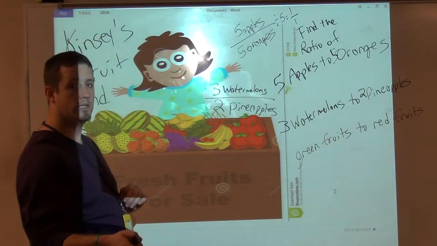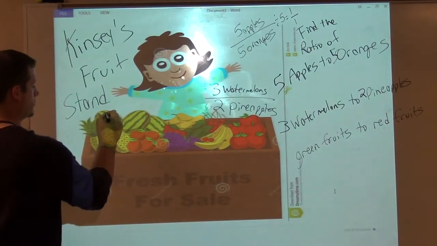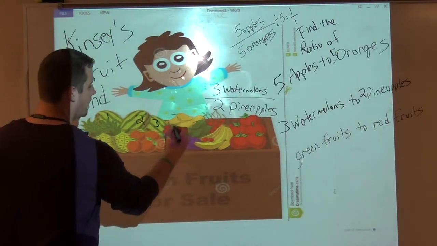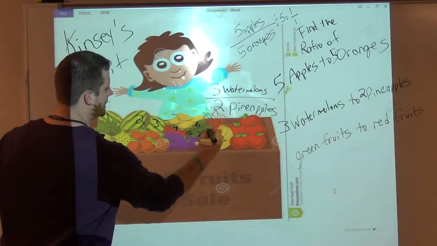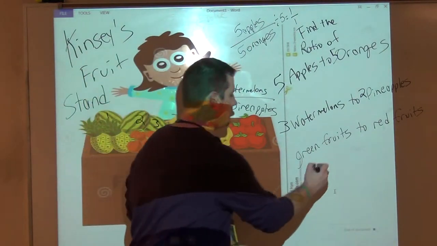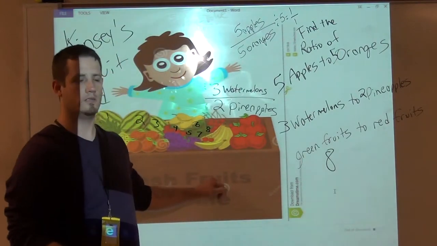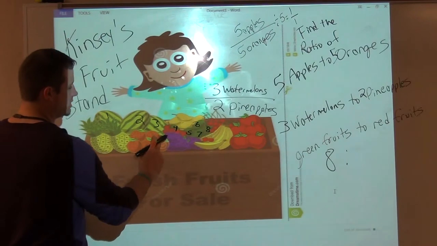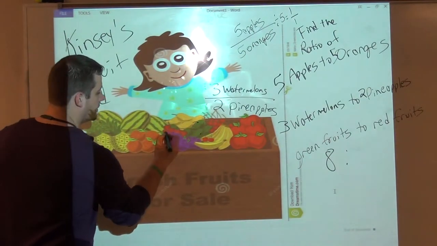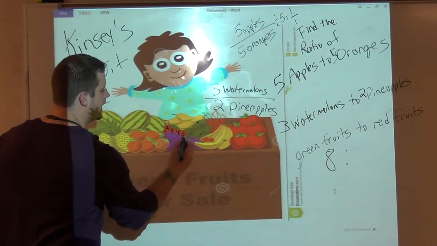All right, so let's figure that out. Green fruits: 1, 2, 3, 4. There's one that's behind the strawberries. 5, 6, 7, 8. There are a total of 8 green fruits. Now, how many red fruits are there? Here are the strawberries. They're kind of small, but there are 1, 2, 3, 4, 5.